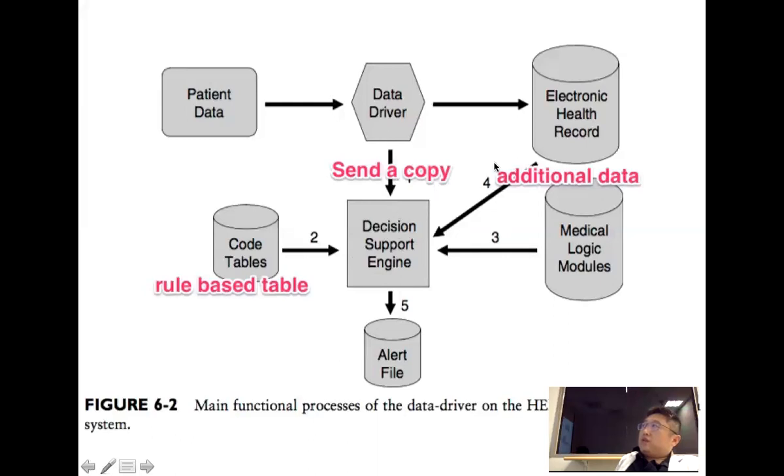So they provide a bidirectional way to retrieve data. You only need to monitor the single data stream, and if the MLM needs more additional information, it goes back to check the electronic health record. That makes the system design much easier.